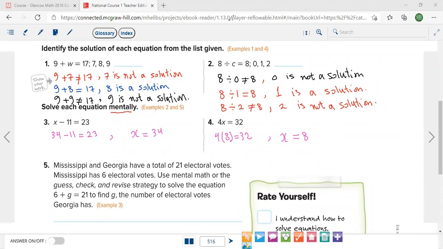So we are trying to solve this equation now, which is 6 plus g equals 21. We know that 6 plus 15 really equals 21. So we can say that g equals 15.